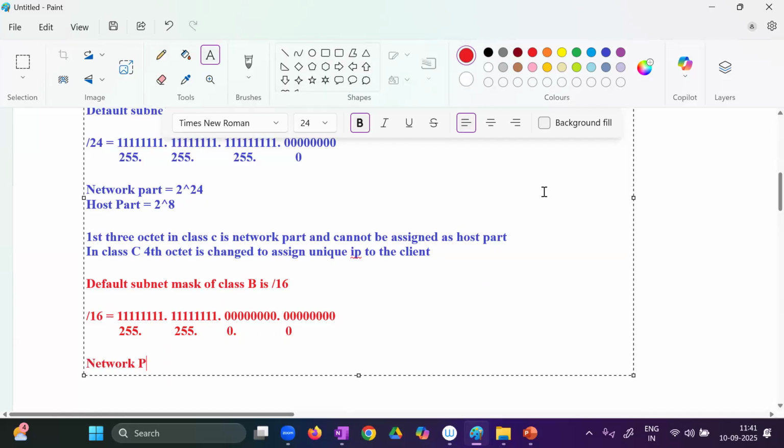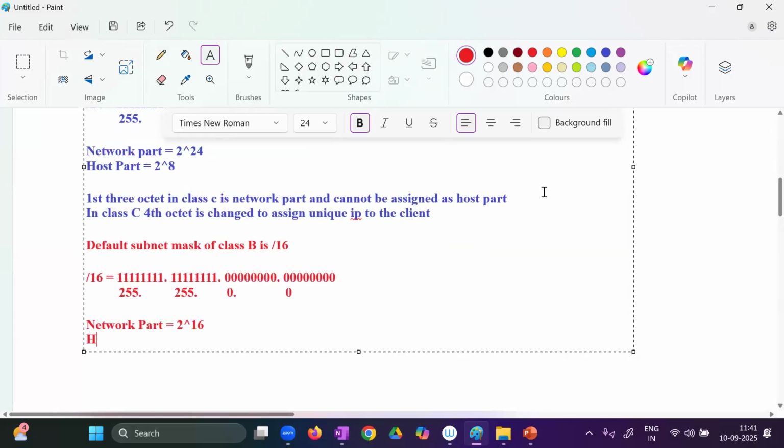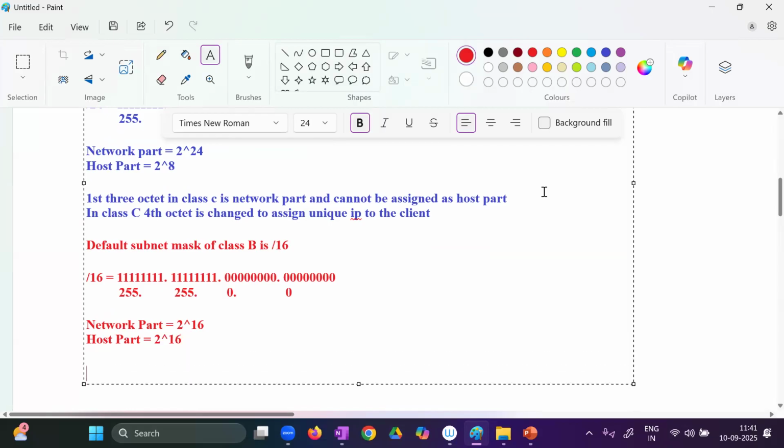network part is equal to 2 to the power 16, because how many ones do we have? 16. Then the host part is what? Same, 16 only, right? So 2 power 16. It means what? The first two octets of class B are the network part, okay?